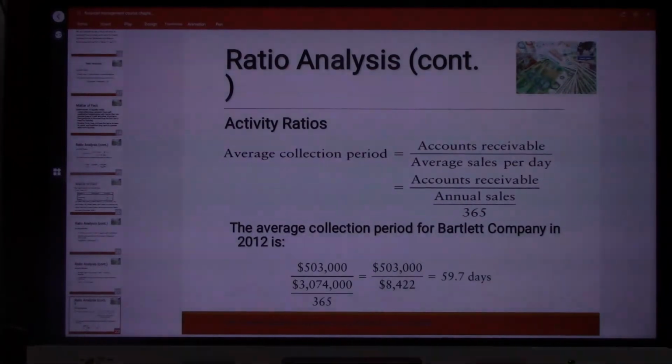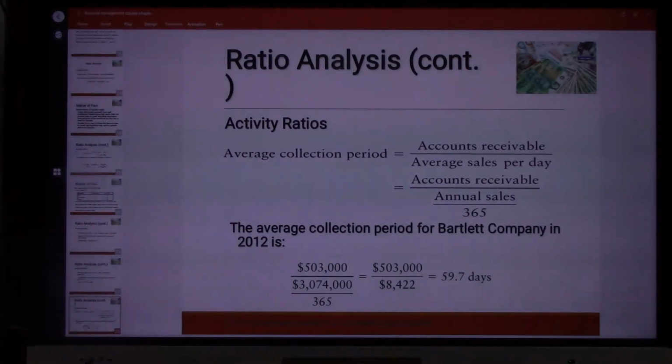The average sales per day could be determined by dividing the annual sales by 365, which is the number of days per year. In this example, by implementing our equation, we will find that accounts receivable divided by annual sales over 365 is equal to 59.7 days.